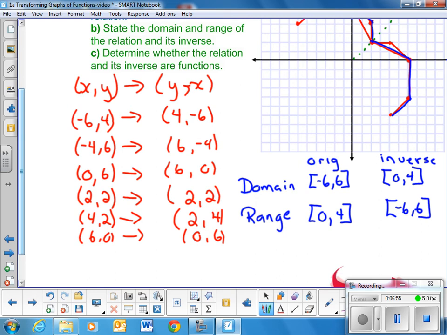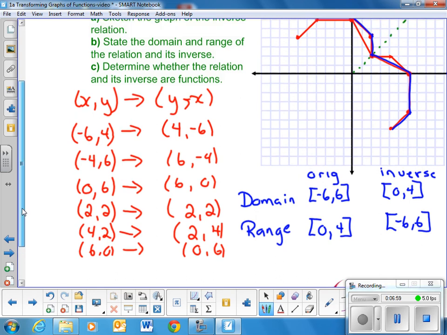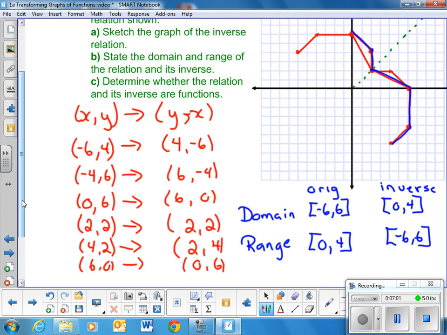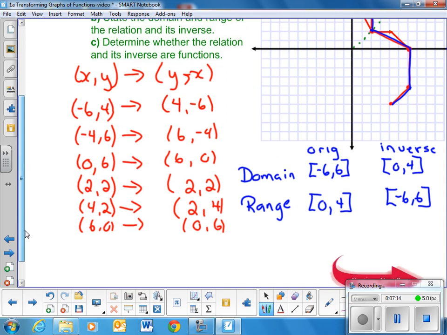Part C asks us to determine whether the relation and its inverse are functions. So if we look at the red graph, if it is a function, it means that I can use a vertical line test, and that nowhere will it touch that graph more than once. And it doesn't, so that means that our original one is a function.